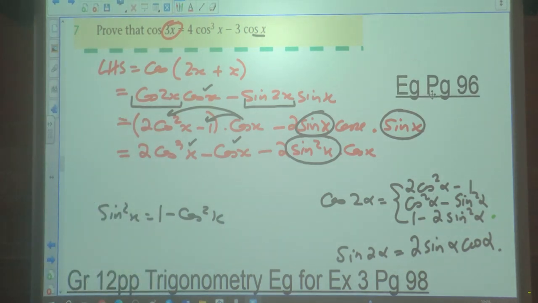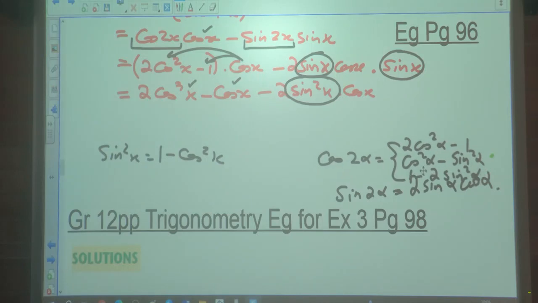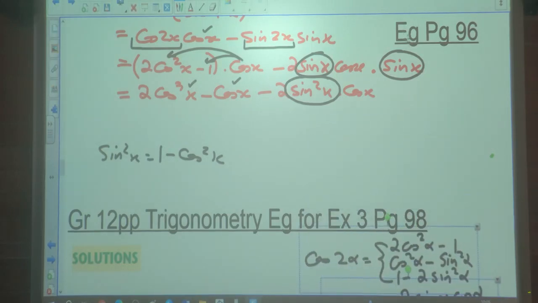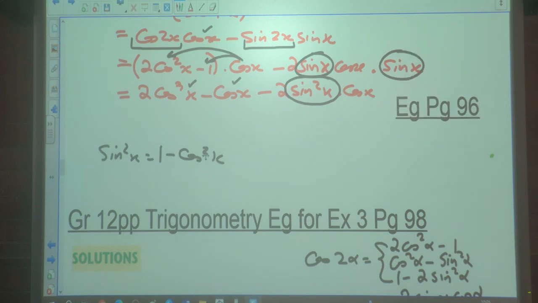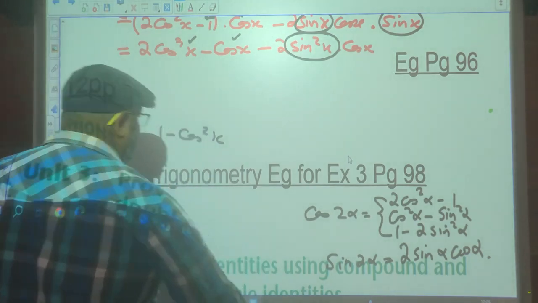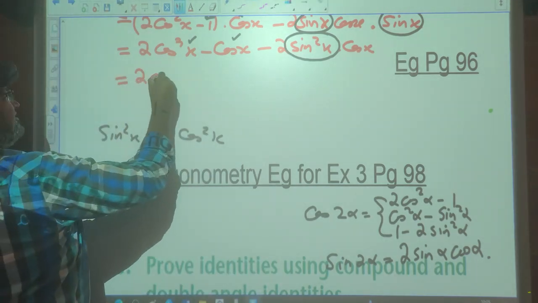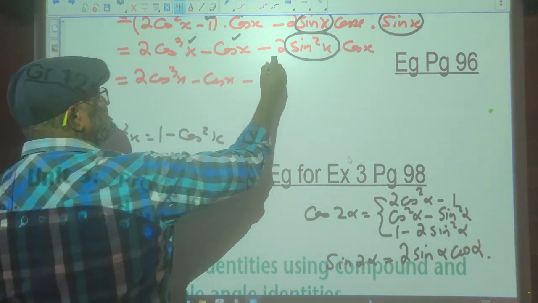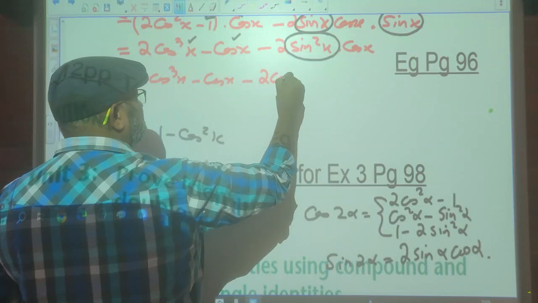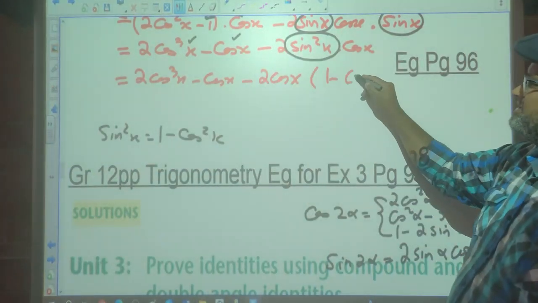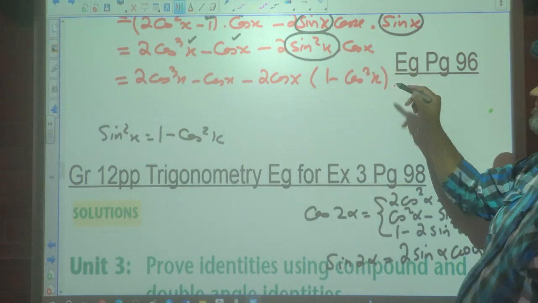Let's pull this down. Right, so what do we have? 2 cos cube x minus cos x minus 2 cos x multiplied by 1 minus cos squared x.